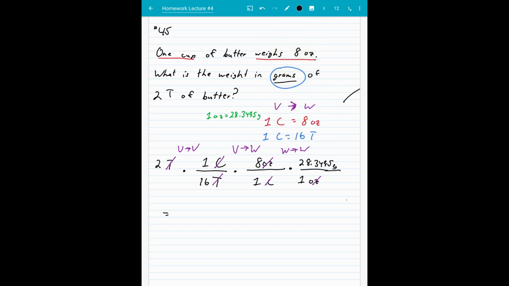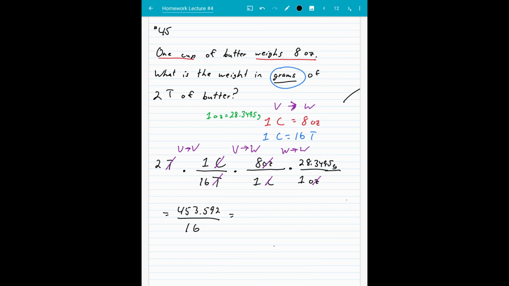Multiply everything on top. So 2 times 1 times 8 times 28.3495. Multiply all those top numbers, you get 453.592 divided by the bottom number 16.